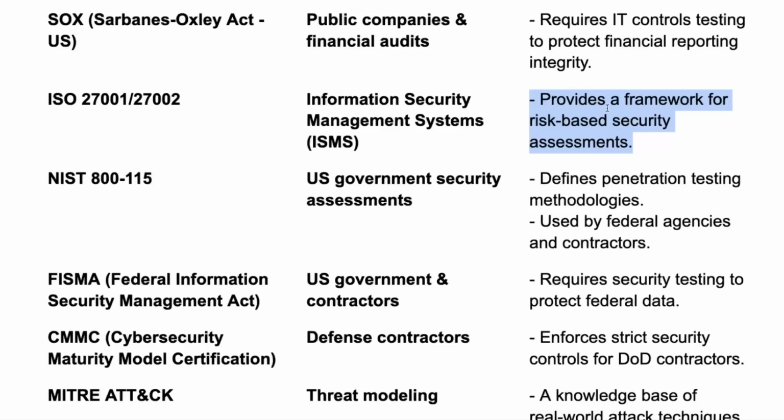But so this provides a framework for risk-based security assessments, and this has to do again with information security and anything that has to do with how at risk are we to lose access to our information systems? And how likely is it that a hazard can attack us, or a hazard can actually go off that will make our information systems crash?